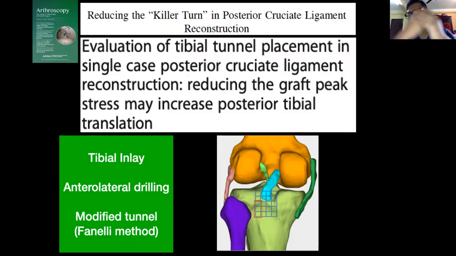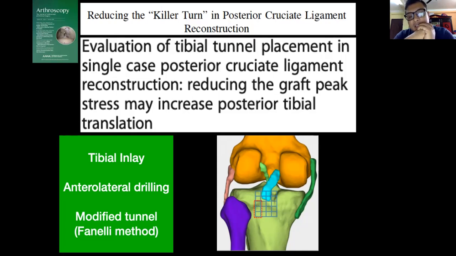So the killer turn does exist, and there are various techniques that reduce its effect. As Amit sir has mentioned, we can bevel the upper edge from where the graft goes, so that the acute bone spike won't glide over the soft tissue graft. Tibial inlay is one technique where the killer turn is completely avoided. There is another technique of drilling from the anterolateral side, so that the graft goes from anterolateral to anteromedial, with a little less killer turn than drilling from the usual anteromedial side.